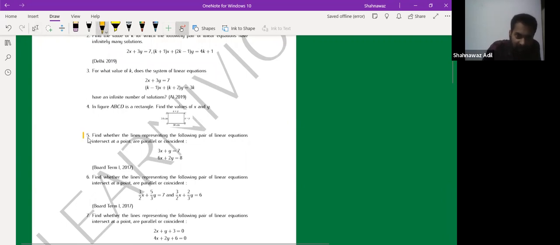This question, you guys please write this question, the fifth one. Fifth, sixth, I will give 3 questions. 5, 6 is enough. This is simple, right? They are only asking whether these lines intersect, are parallel, or are coincident. So this one is simple. This one is simple, right?